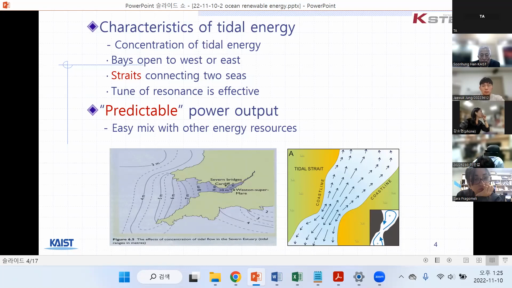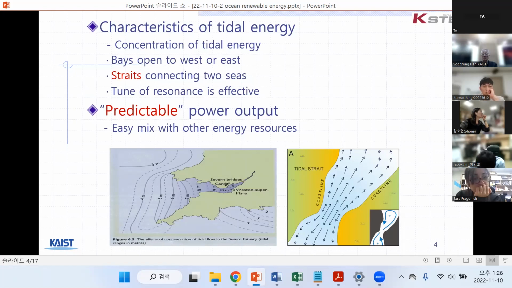One good point is we can predict the power output because it's regular, compared to the wind or sunshine. Tidal forces are very regular, so we can plan to use them.